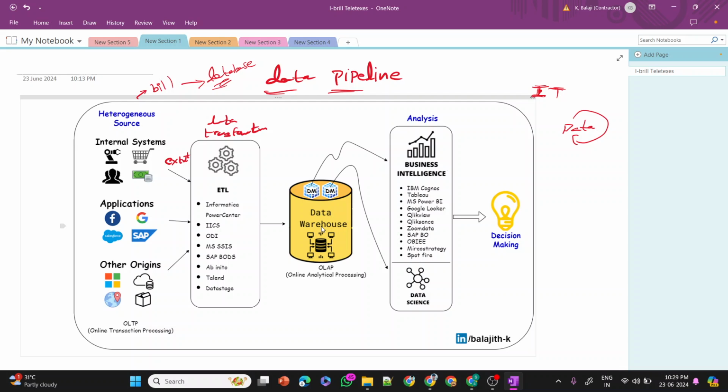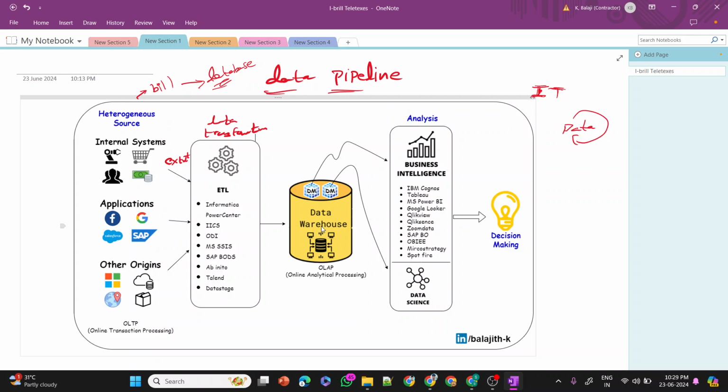In a data warehouse, the data are historically stored. Historically stored means a data warehouse is a huge storage when compared to databases. In databases, there is a limit; we cannot store a huge amount of data in it. But in a data warehouse, we can store a large amount of data.